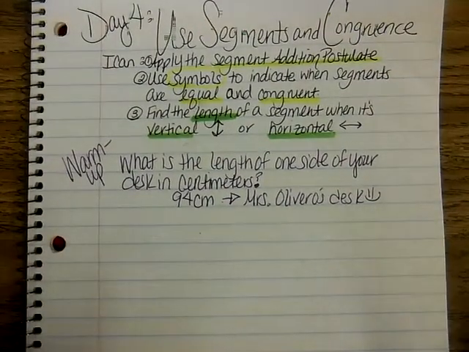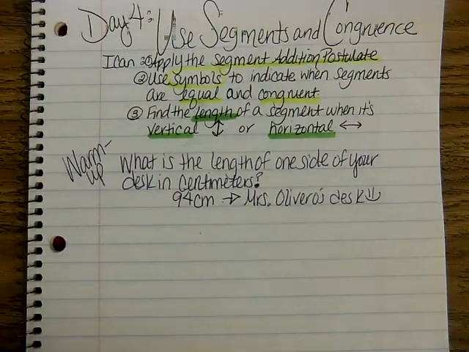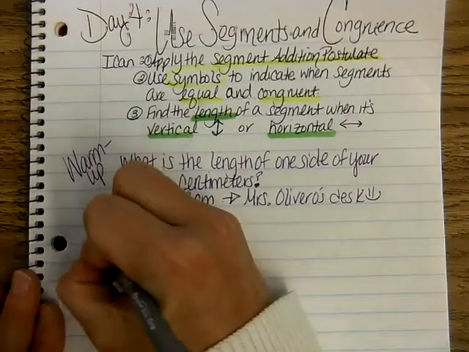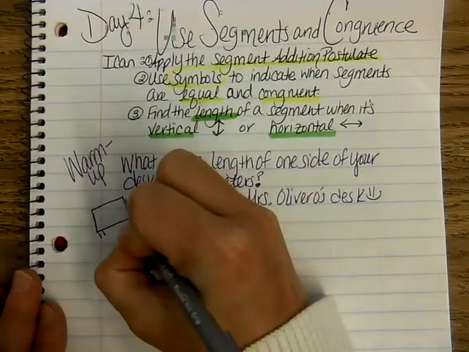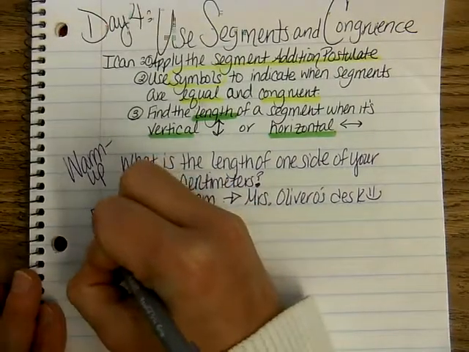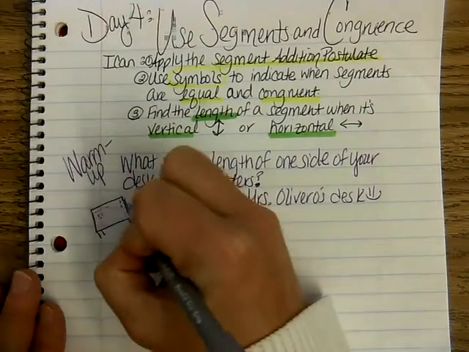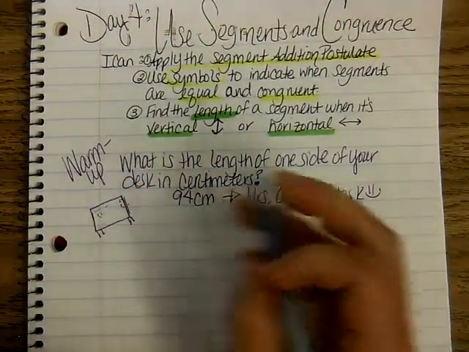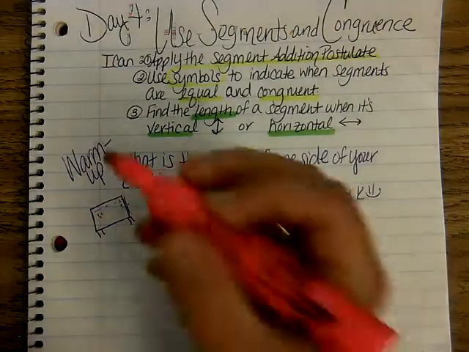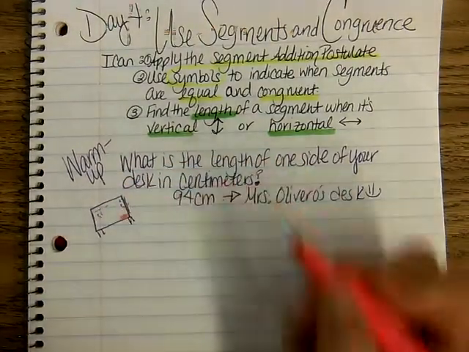So the question is, how were you able to come up with this number? How was I able to come up with this number? I had a desk, and I have a ruler that I'm using, and my ruler is not as long as my desk. My ruler is just this little tiny piece right here.